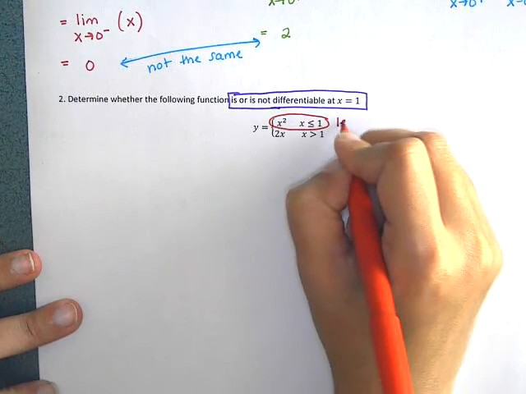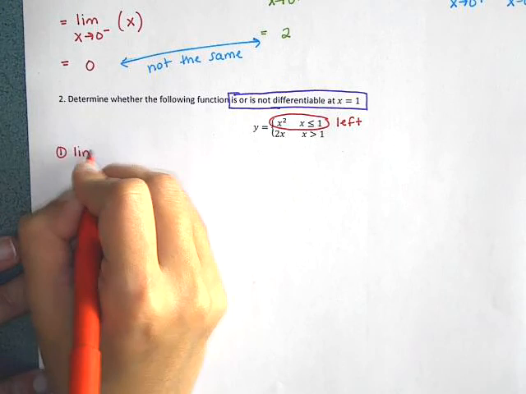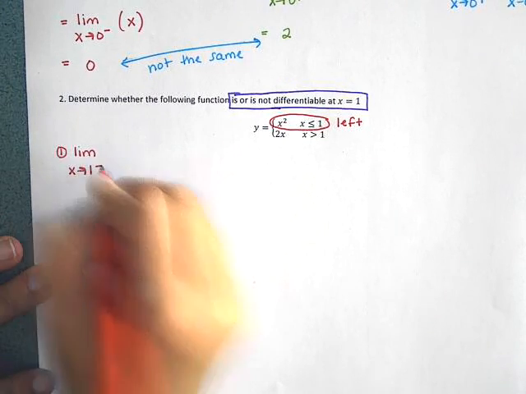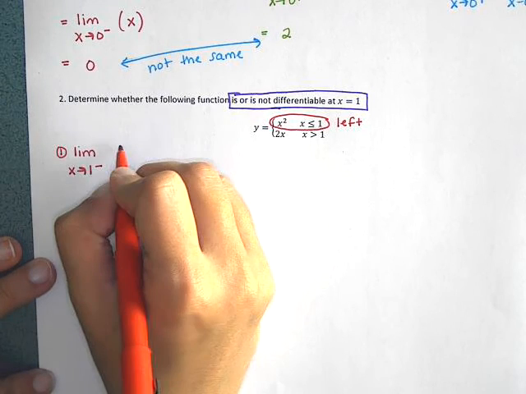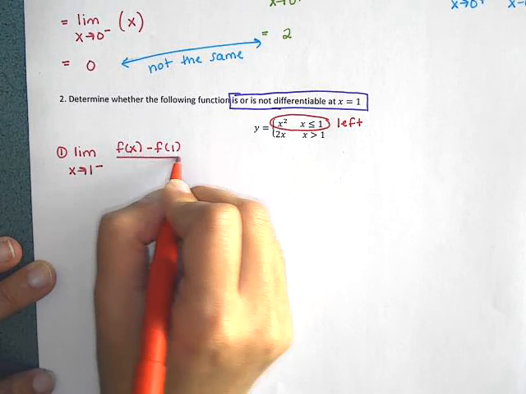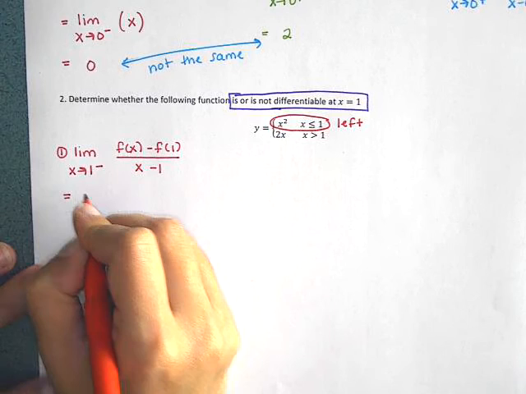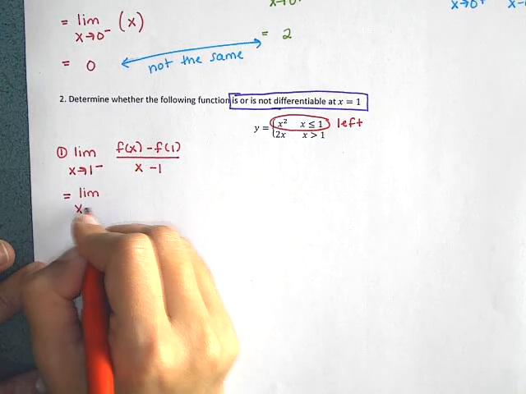So this is controlling the left side. First, let's look at the limit as x approaches 1 from the left of f of x minus f of 1 all over x minus 1. In this problem, the left side is controlled by x squared.